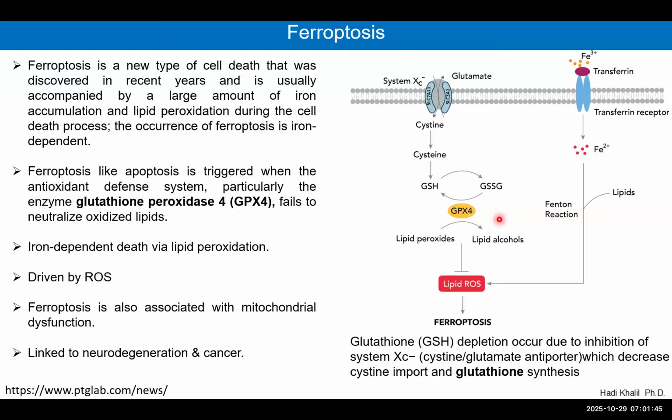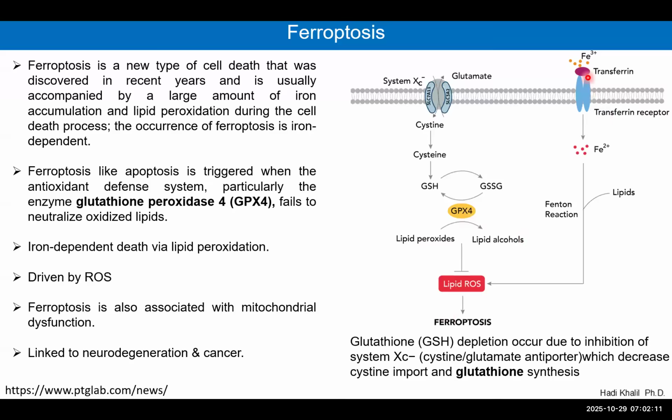And in both situations, the result is the same: loss of the glutathione is a reduction of the reductive rheostat of the cell, and therefore it's not able to cope with the reactive oxygen species being produced, and therefore lipid peroxidation takes place and ferroptosis takes place.